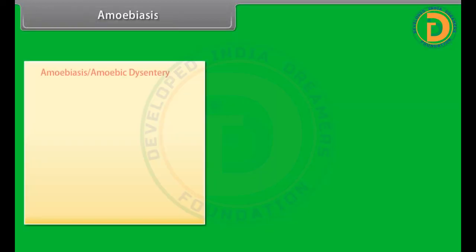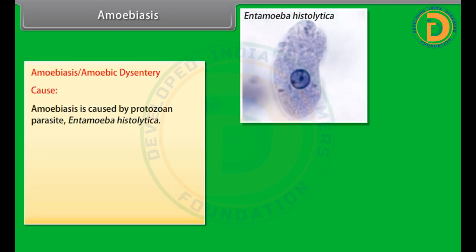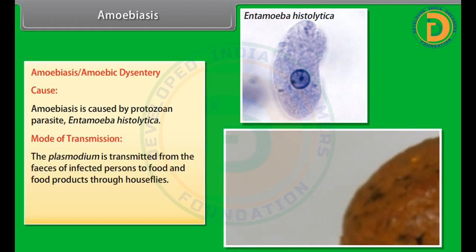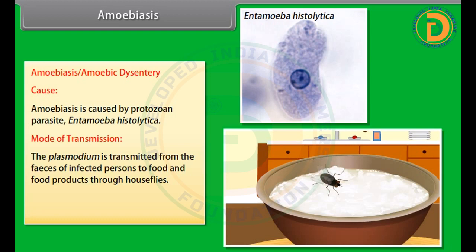Assessment. Before proceeding further, let us know how much you have learned. Amoebiasis or amoebic dysentery. Cause. Amoebiasis is caused by the protozoan parasite Entamoeba histolytica. Mode of transmission. The parasite is transmitted from the feces of infected persons to food and food products through houseflies.